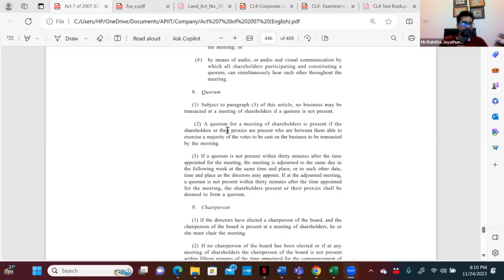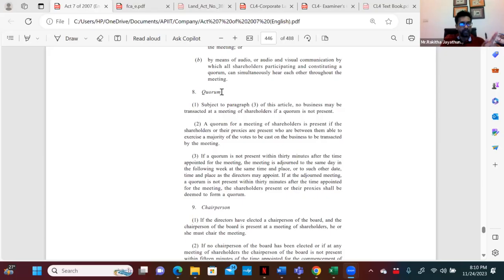You explain this. Then you explain the consequence. What if the quorum is not present? You cannot do any transaction. You can only adjourn the meeting after waiting for 30 minutes. So then you explain the third part. Basically, your answer is based on Article 8 of the model articles.